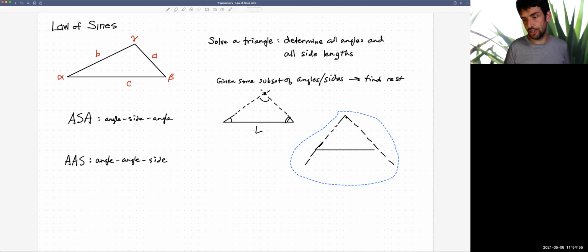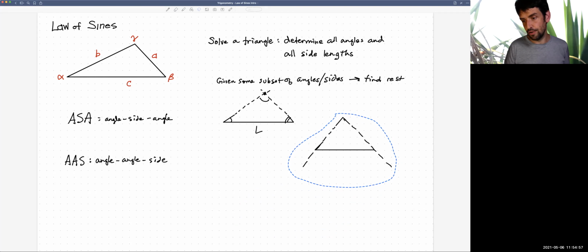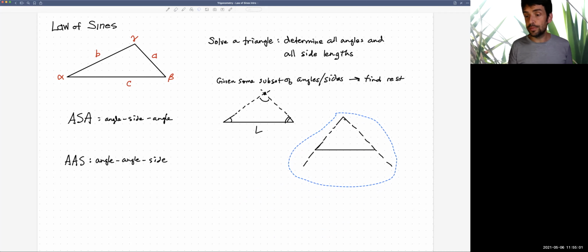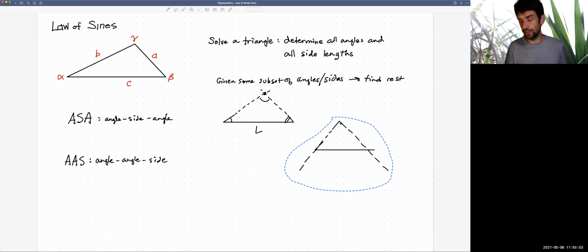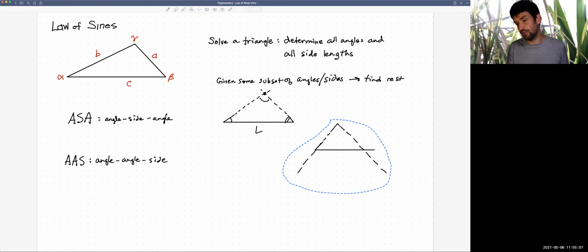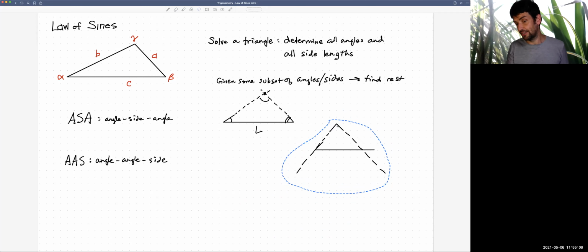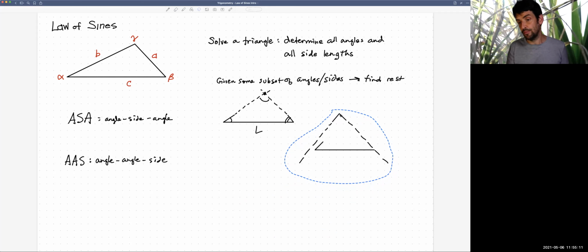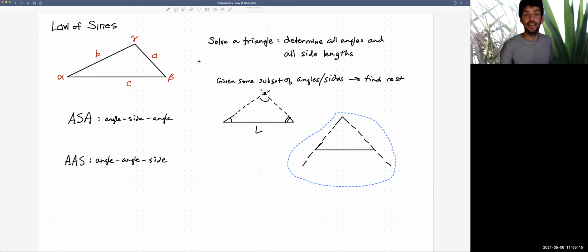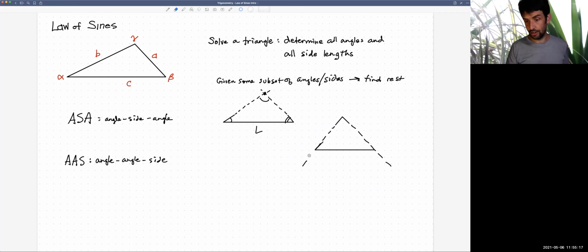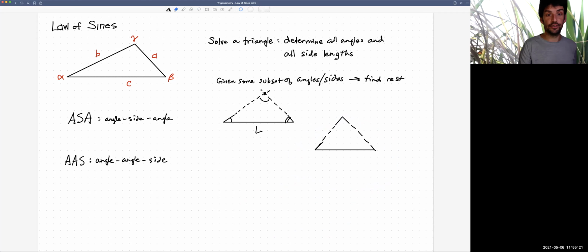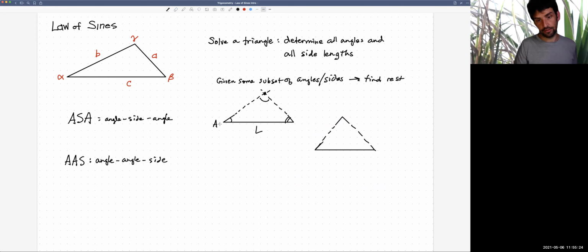So I move this around and see that's the only place it can be. If I move it any closer this way, or any this way, it's not intersecting at the end of that side. If I move it up there, it's not hitting that angle. So there's really only one place to put this in, and that would tell us how long these other sides have to be, and we would get our triangle again.